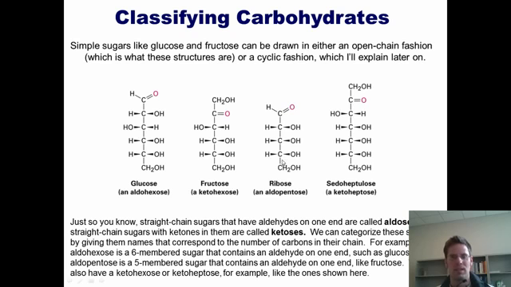Ribose is an aldopentose. We also have ketohexoses, or a ketoheptose. For example, fructose here is a ketohexose because it's got a ketone in it and it's got 6 carbons in its chain. And acetoheptulose is a ketoheptose. It's got 7 carbons in its chain and has a ketone inside it.